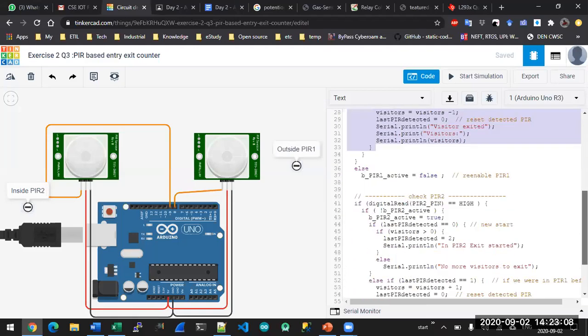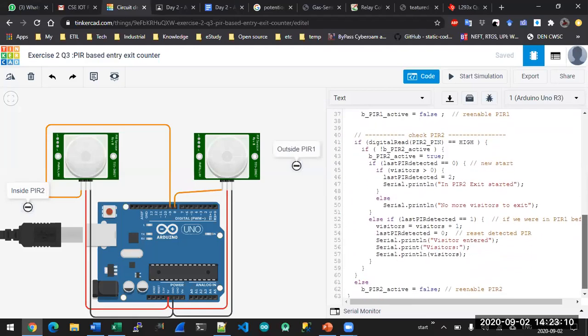It is almost a similar code. If digitalRead(PIR2 pin) is HIGH, then we check if PIR2 was not active, then make it active. And if lastPIRdetected was 0, that means it was the initial condition, so we have to start the exit condition now.